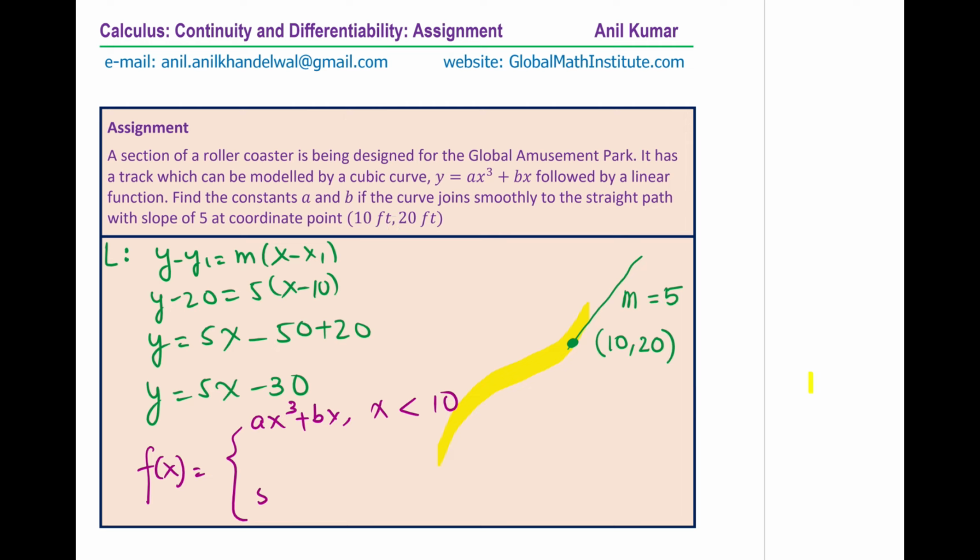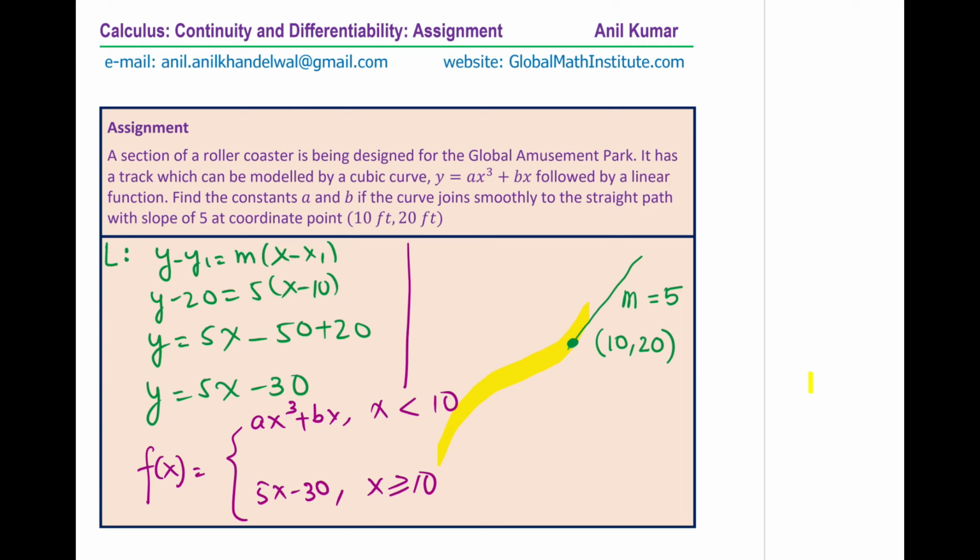So that is 5x minus 30 when x is greater than or equal to 10. Now both cubic and the linear function individually are continuous. So we'll check at 10. You get the idea. So you can now substitute 10 in these equations and equate them using the continuity principle and get one of the equations.